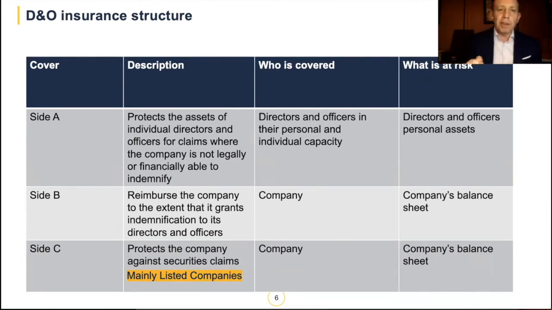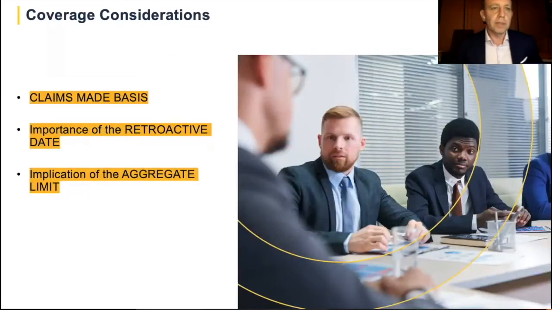So the ultimate beneficiary is still the director. It's just that we allow the policy to reimburse the company if they've already indemnified the directors. So it's very simple. Core of it is still the ultimate beneficiary is the director or officer of the business.